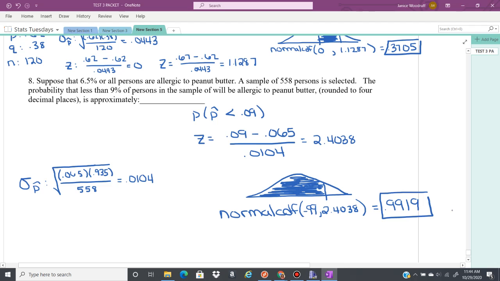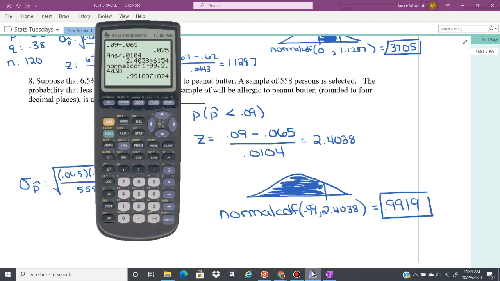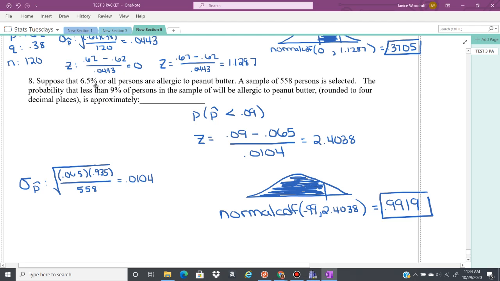Okay, so that means out of the sample of 558, based on the fact that 6.5% of people in the population are allergic to peanut butter, there's a 99% probability that less than 9% of those people are allergic to peanut butter. So what is 9% of 558? So there's a 99% probability that less than 50 people in that sample are allergic to peanut butter, based off the fact that only 6.5% of the population are.